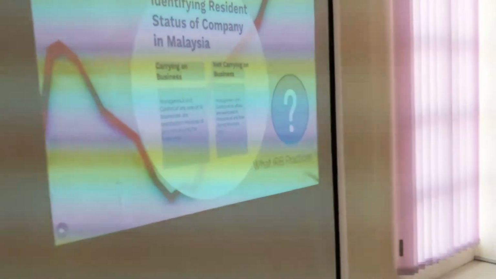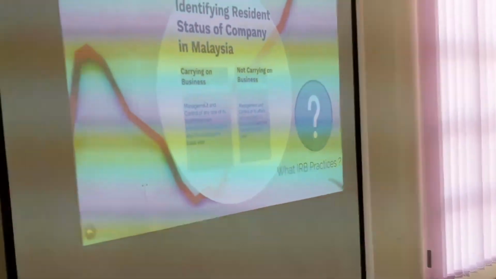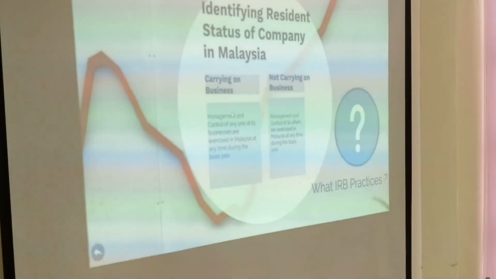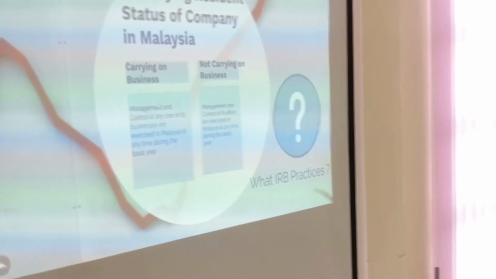So next is what IRB practice to determine the resident status of a company. A company which wants to know its resident status in Malaysia needs to apply to the respective assessment branch to issue the certificate of residence from the IRB.